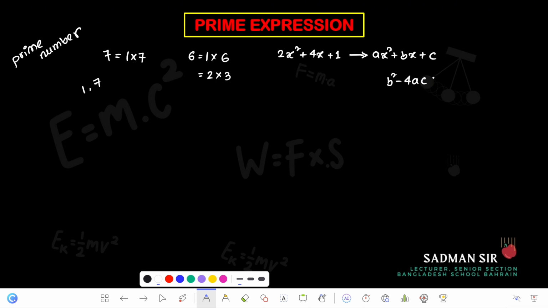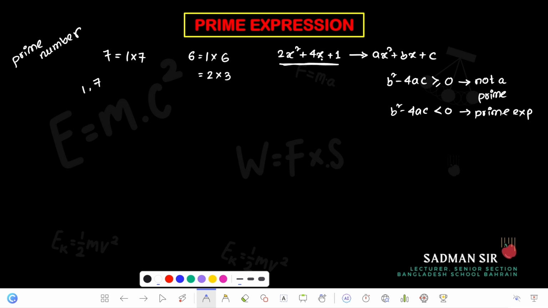If this is greater than or equal to 0, you can say that this is not a prime expression. But if it is negative, that means less than 0, then you can say this is a prime expression.